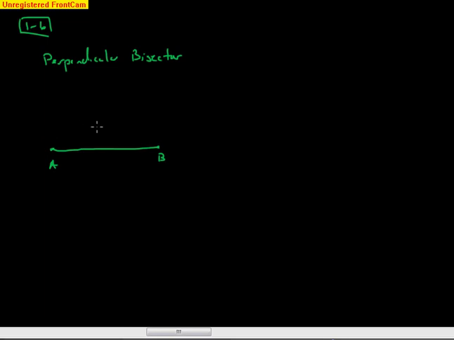So remember, you open your compass up more than halfway across AB, and you're going to create an arc here. And then you'll take your point on B, and you'll create an arc over here. And those two arcs should crisscross twice. And then you'll take your straight edge tool and draw a line straight through those 2 points. It's perpendicular, and it bisects, meaning that this intersection point is the midpoint.